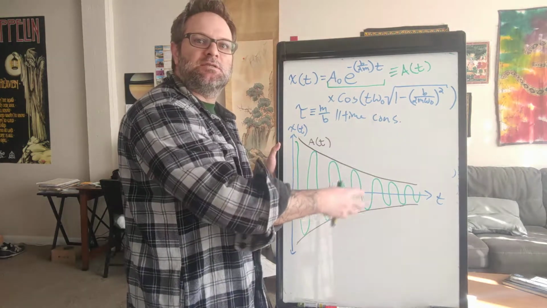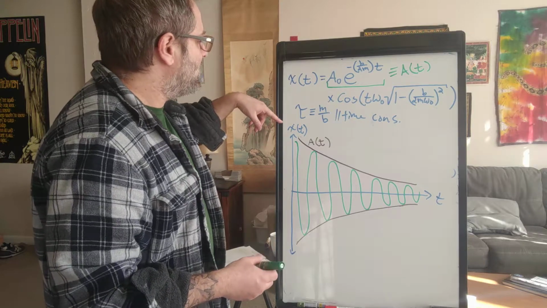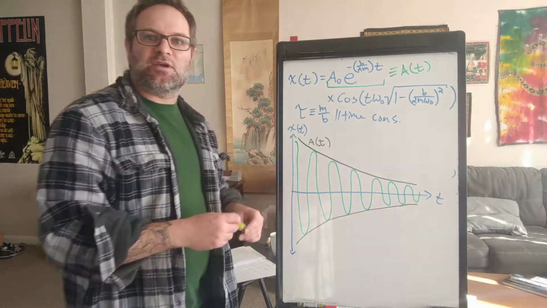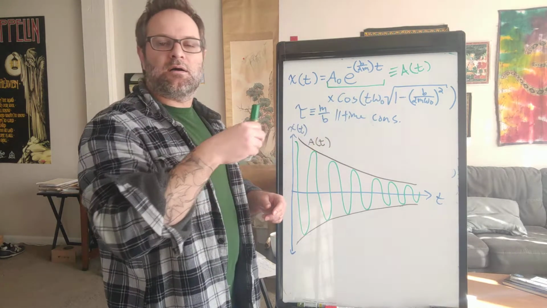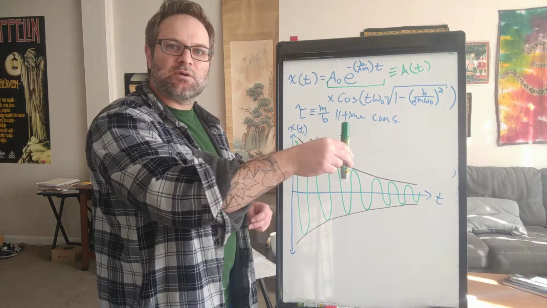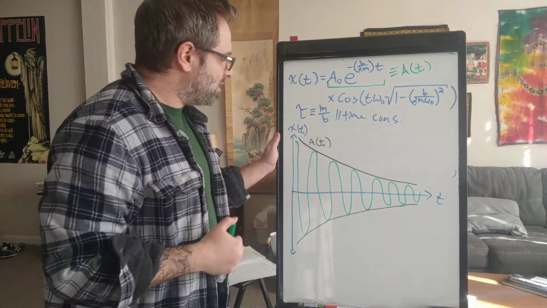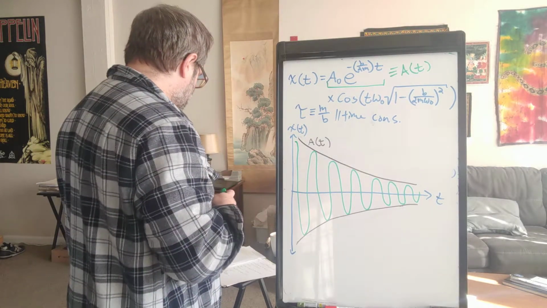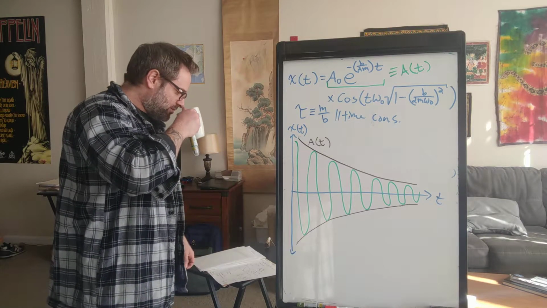That oscillation is still constant, just at a different rate. The thing that does change as a function of time is this envelope, this amplitude. And this makes total sense if you think of something that's oscillating back and forth and being damped by drag: the amplitude is going to slowly get smaller and smaller as we go through time. It's still oscillating at that same frequency, it's just moving a smaller distance. But the oscillation stays constant.